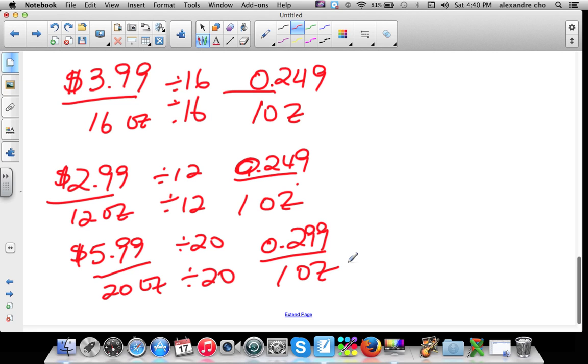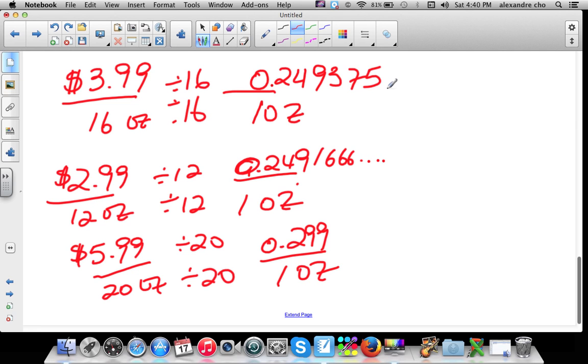Sorry, 3.99 divided by 16 equals 0.249375. I'm actually going to go all the way further. And then 2.99 divided by 12, 0.2491. I think this is non-terminating, so that's going to go on forever.